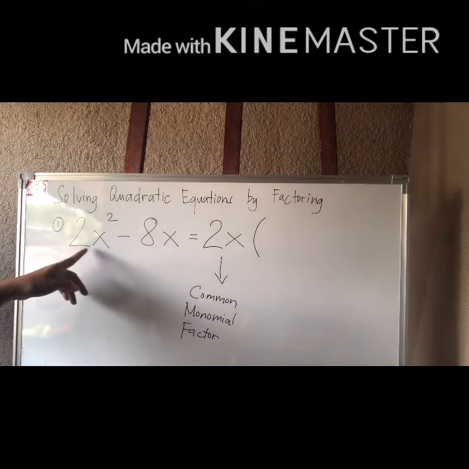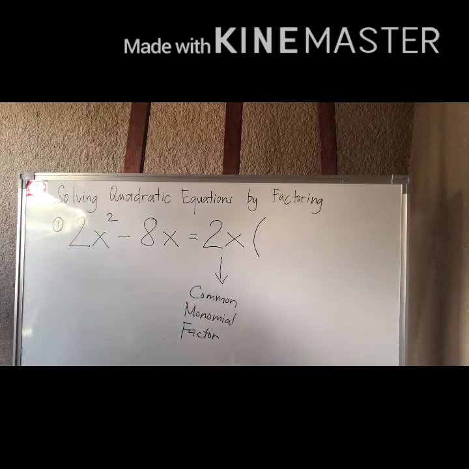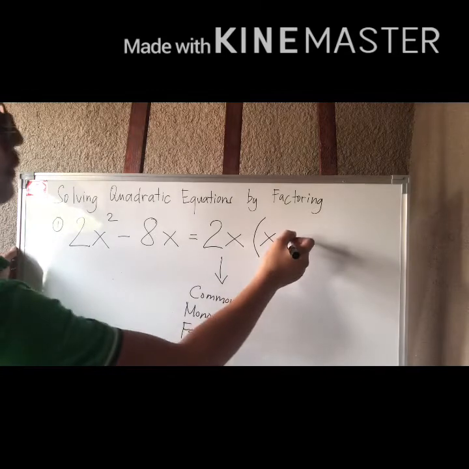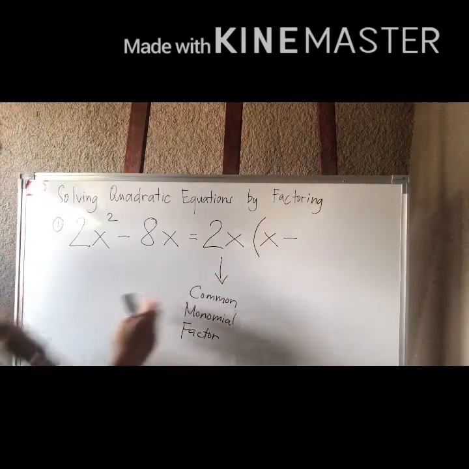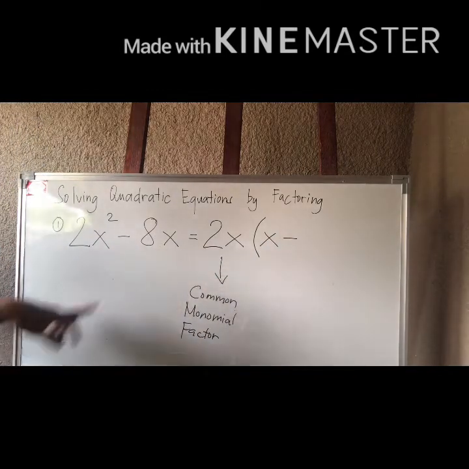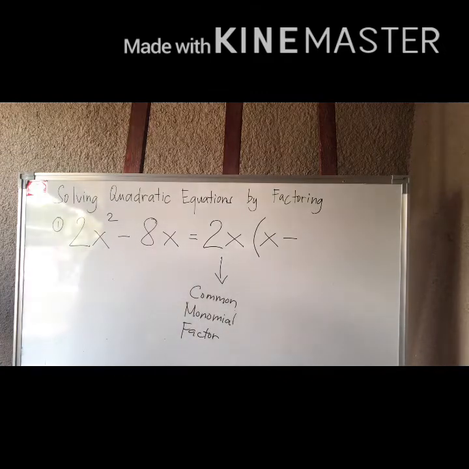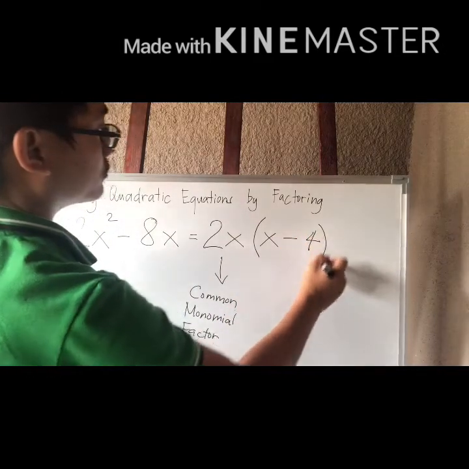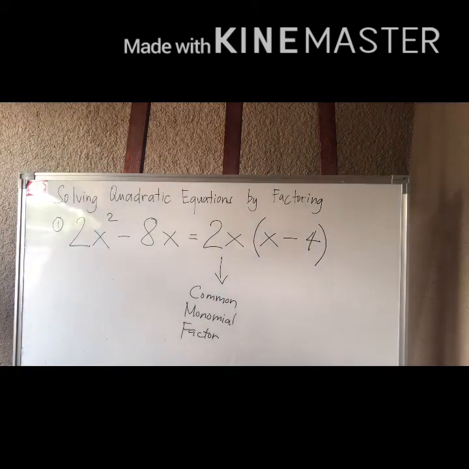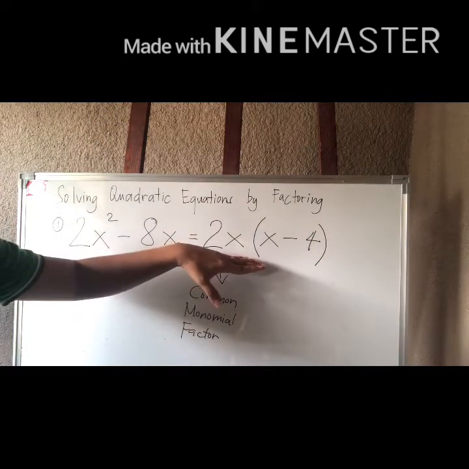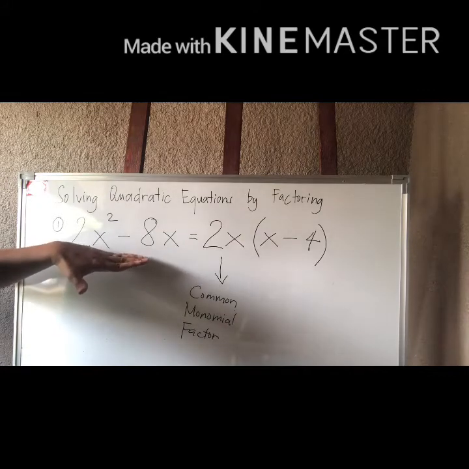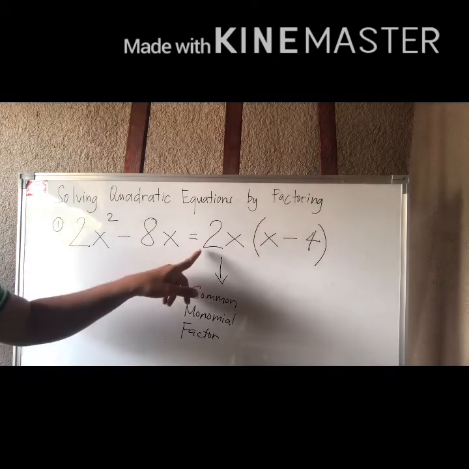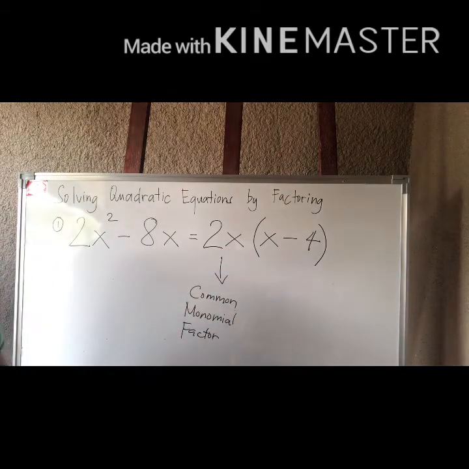So we have 2x squared divided by 2x. That will give us x minus 8x divided by 2x. So that is 4. So these are the factors of the given expression. That is 2x times the quantity of x minus 4.